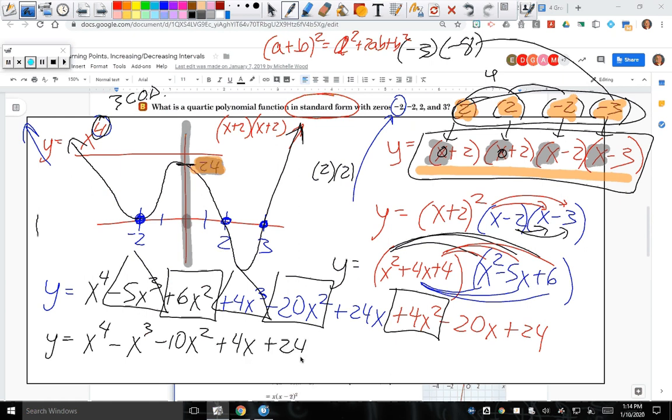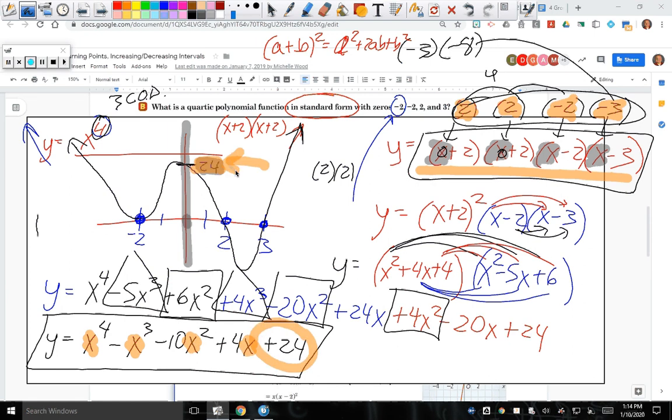And then plus 24. Guys, if you didn't realize this by now, in standard form, it's even easier to see what the y-intercept is going to be. Because the y-intercept, again, like you said earlier, will happen when all of these x's are 0. There it is. You see that? Okay. Questions?